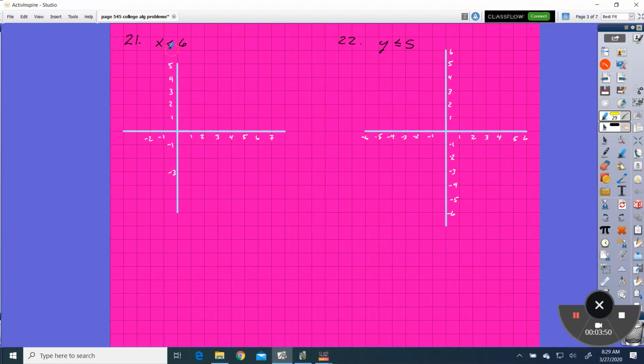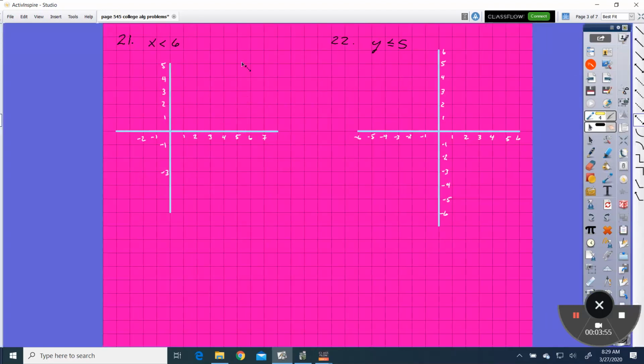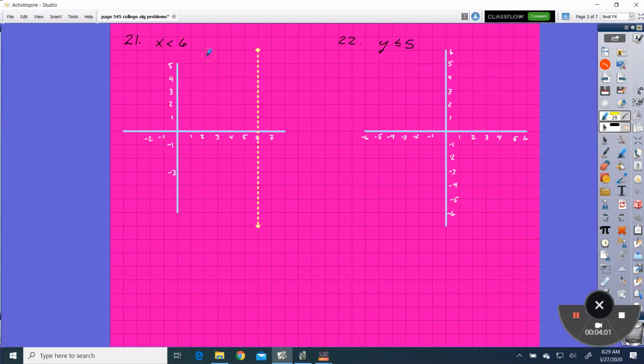So 21, that's going to be a less than. Since it's just plain old x, I can come over here to x. And remember that if it's an x, it's a vertical line. And then numbers less than 6, well, 5's less than 6, so that means I shade to the left side.